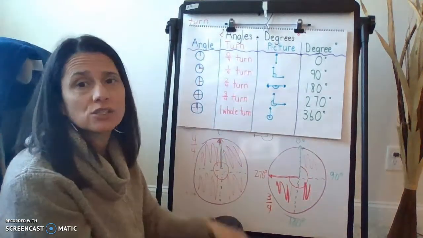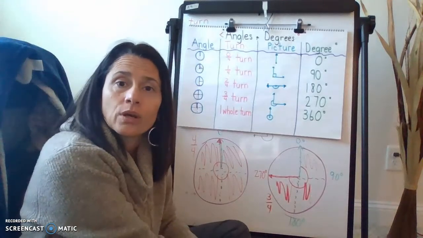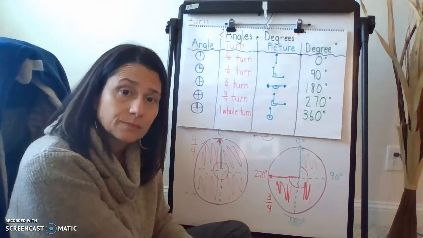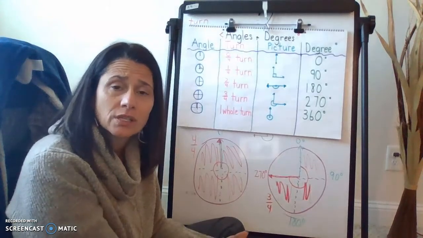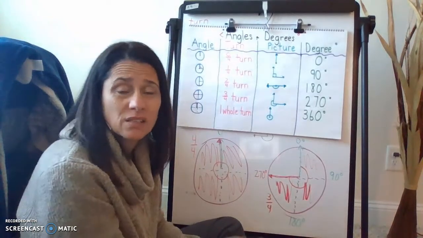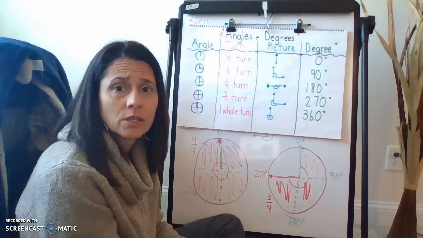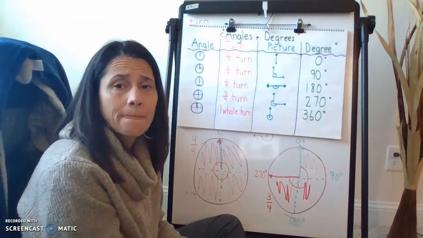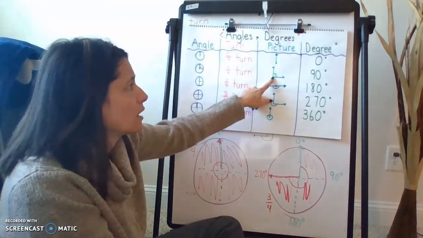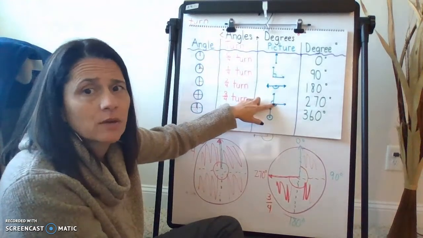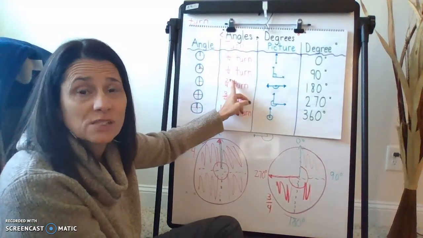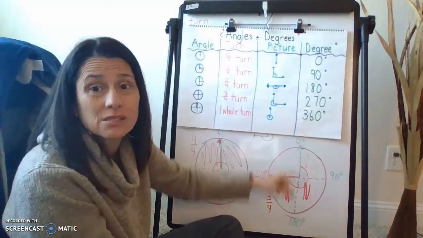So this is what I need you to either print or have in your notebook, because when you go to your IXL and do your assignment for today, it's gonna show you pictures, it's gonna ask you degrees, and it's gonna ask you turns also. Sometimes it will give like this point a letter, a name, like angle S, but as long as the picture, or if it says one turn, it still means the same thing.